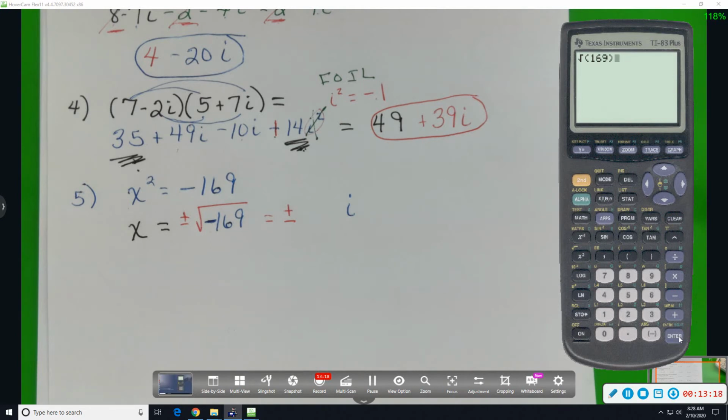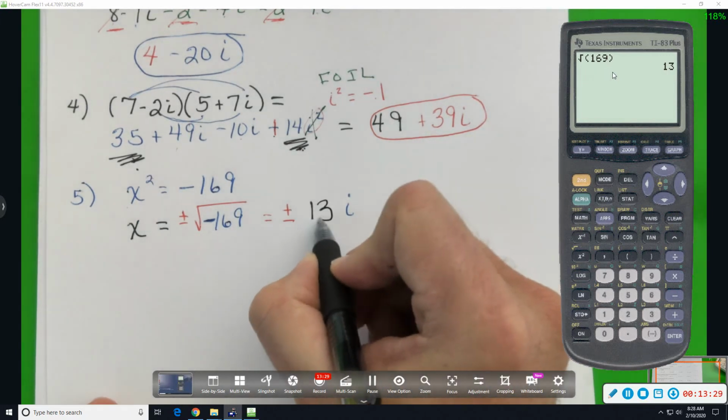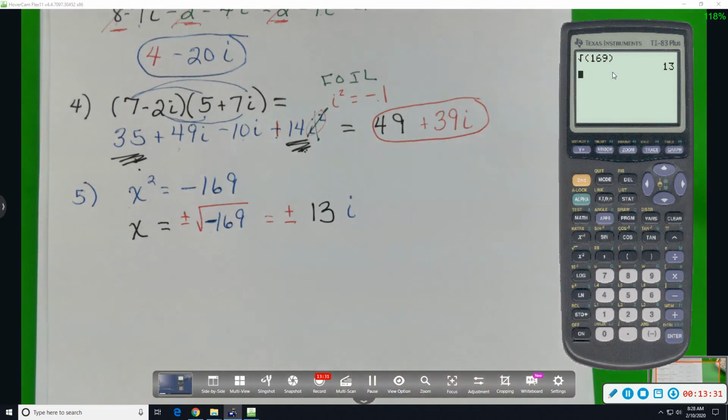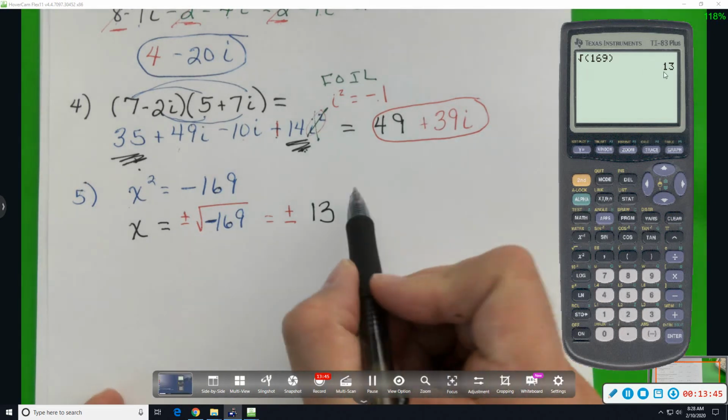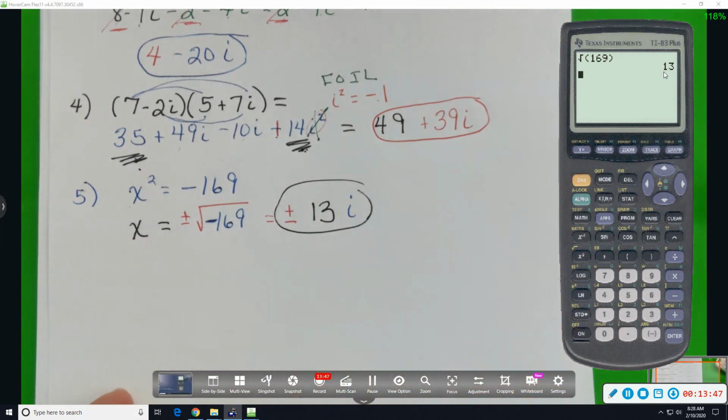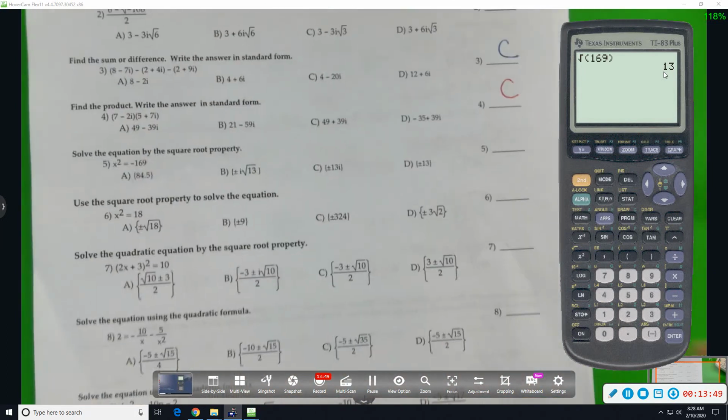If it continued on to 13 times 13, that would give you 169. So the square root of 169 is 13. Notice, the 13 is no longer under the square root. The square root of 169 is 13. Plus or minus 13i.